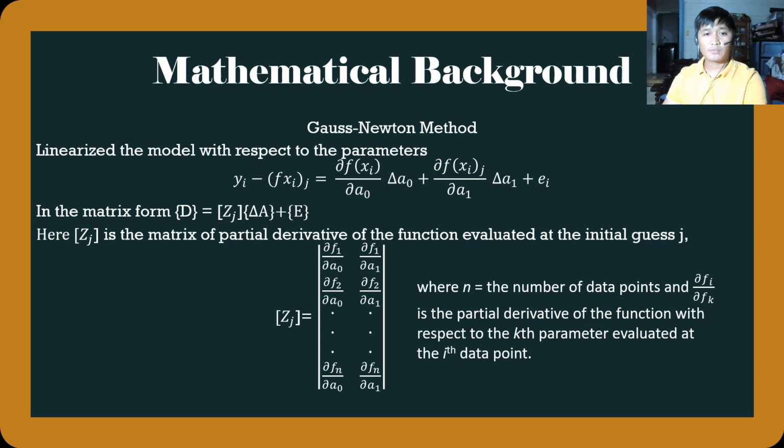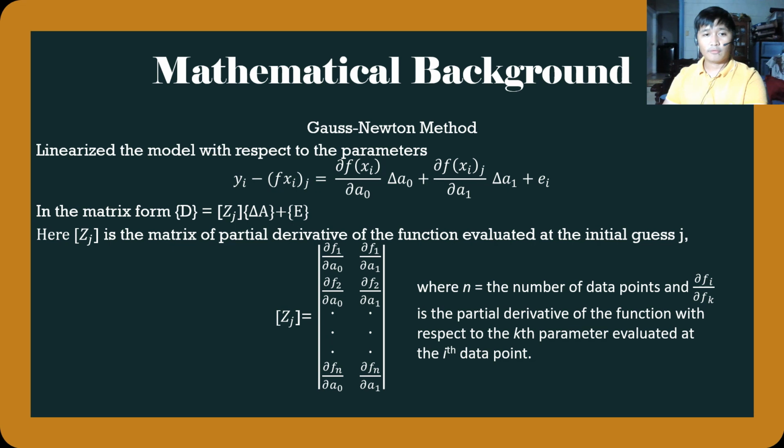Linearizing the model with respect to the parameters, y sub i minus f of x sub i at j is equal to the partial derivative of f of x sub i over the partial derivative of a sub 0 times delta a sub 0, plus the partial derivative of f of x sub i at j with respect to the partial derivative of a sub 1 times delta a sub 1, plus e sub i.